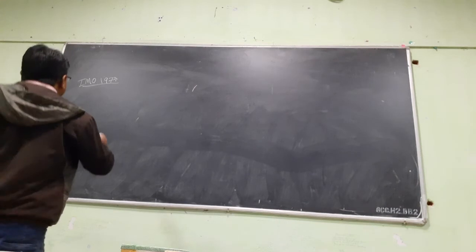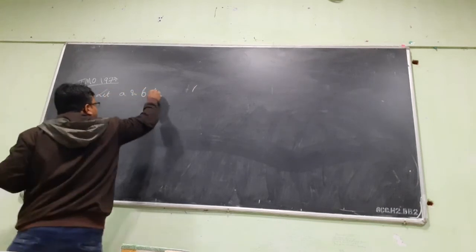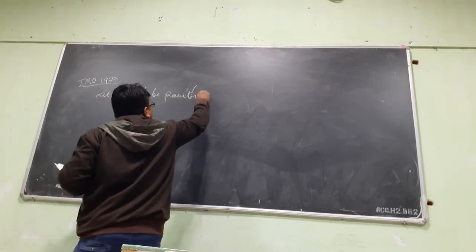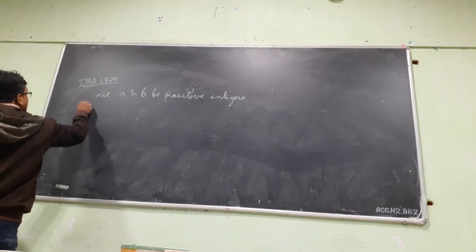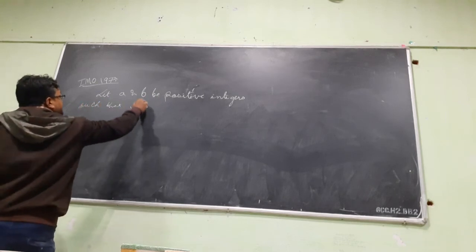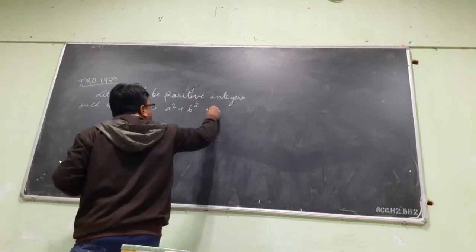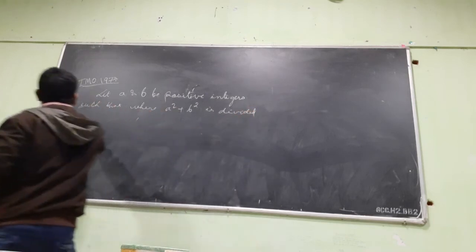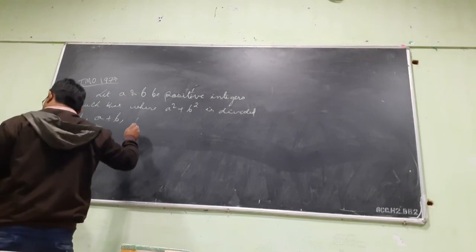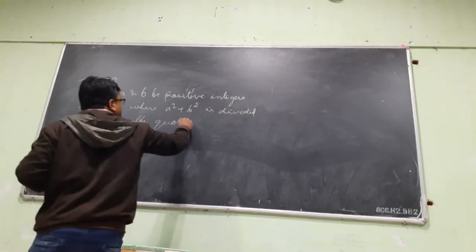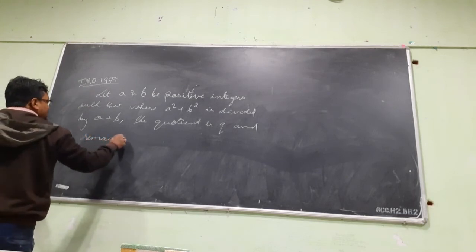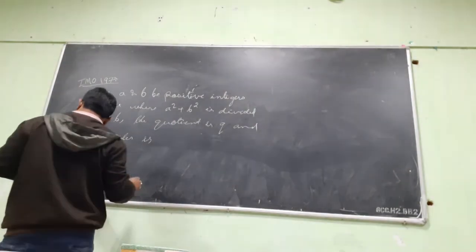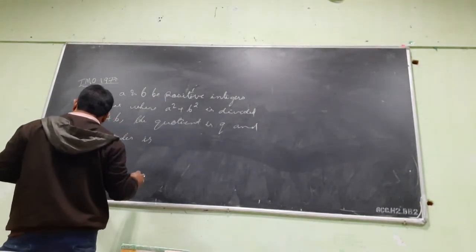Let a and b be positive integers such that when a square plus b square is divided by a plus b, the quotient is q and the remainder is r.